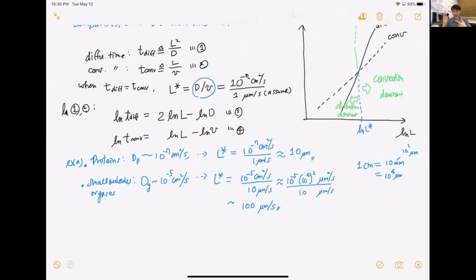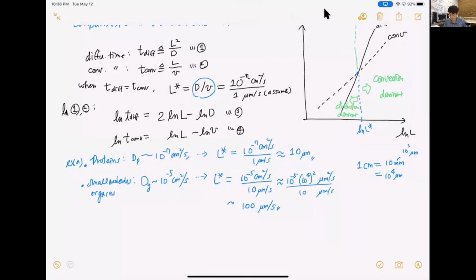And this is the crossing point. While for gas or small molecules, if we assume the local flow velocity is 10 micrometer per second, then what comes out is 100 micrometer. And these gases will diffuse more efficiently by diffusion if the length scale is within 100 micrometer.